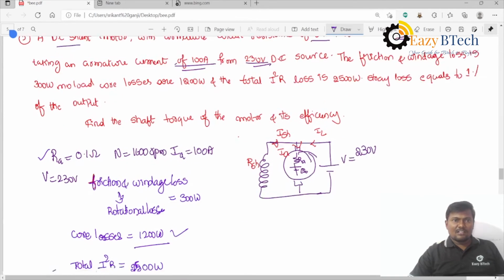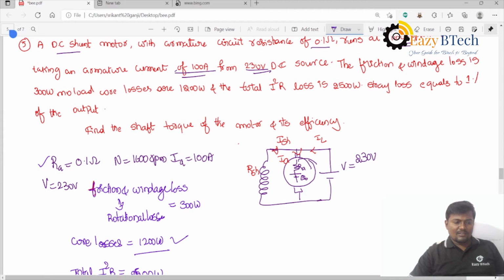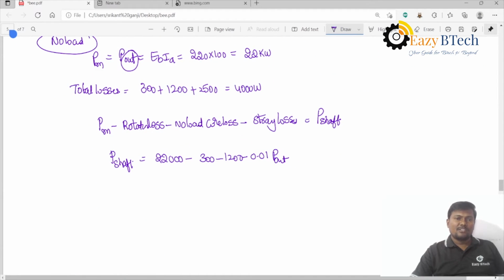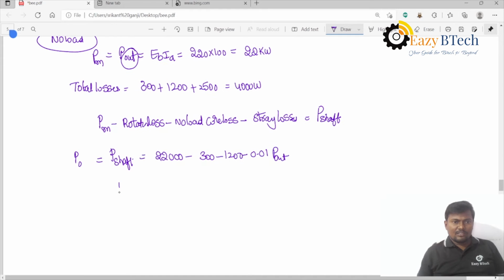The stray losses are given as 1% of the output power, that is the useful output power. So that's why 0.01 times P out. So P output is equal to, finally I will get 20.297 kilowatts.